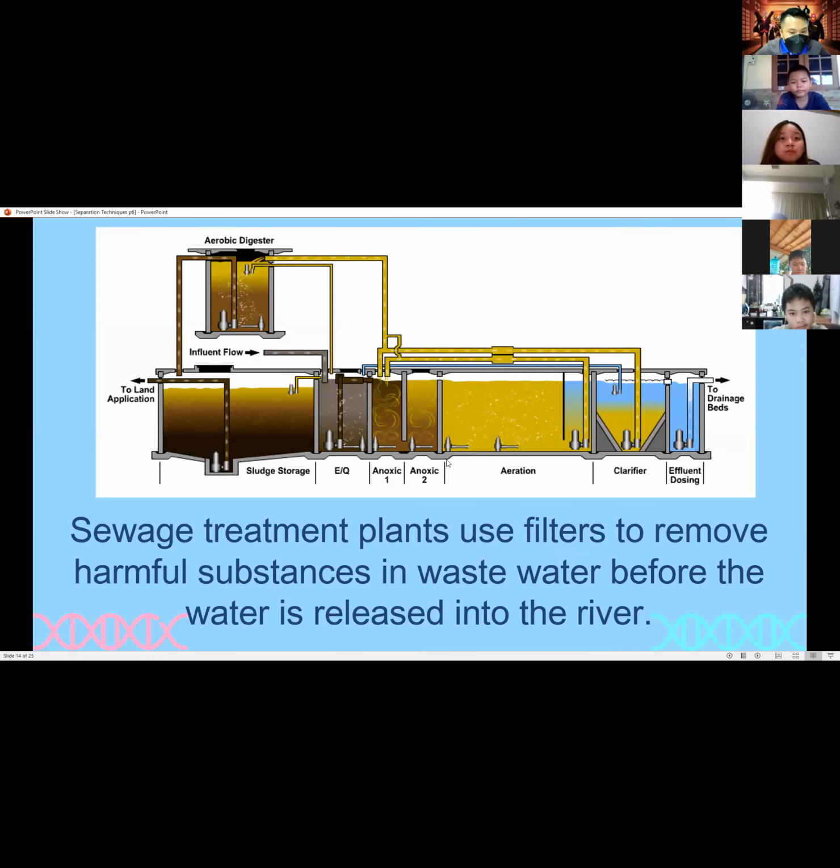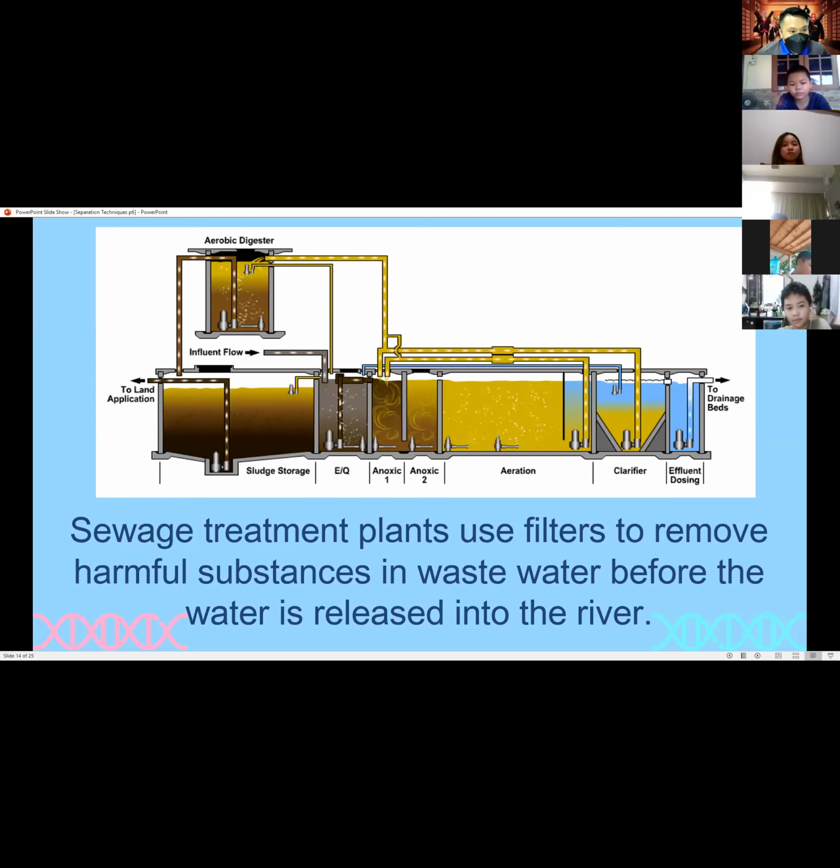Sewage treatment plants use filters to remove harmful substances in wastewater before the water is released into the river. Before we release the water, we have to clean it first. We have to remove the harmful substances. What are those?